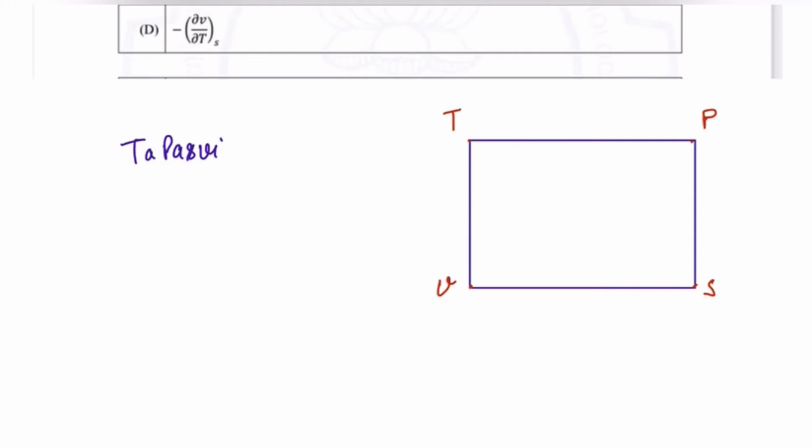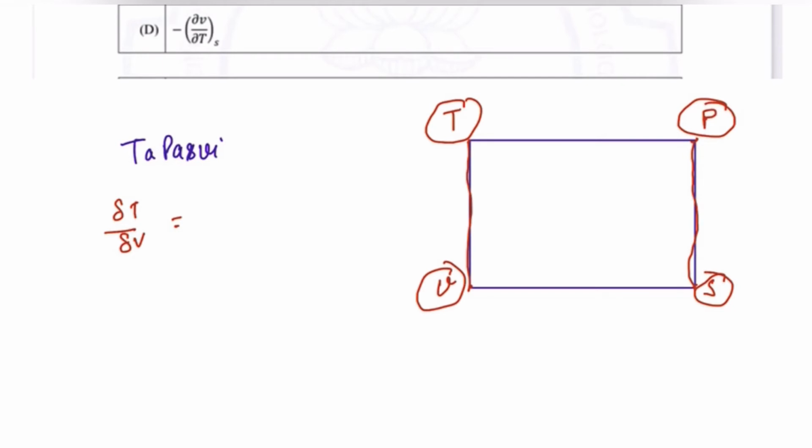Now to write an equation, I have to consider the two opposite sides of this rectangle. If I consider this side first, I can write ∂T/∂V is equal to, now parallel to this side is this, so I have to write the corresponding elements: corresponding to T you write P, and corresponding to V you write S. So I can write ∂P/∂S.